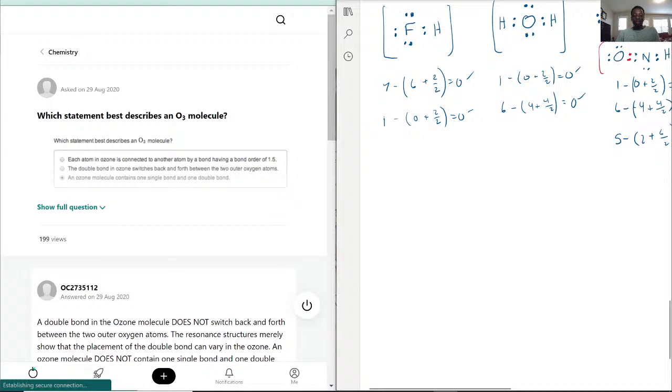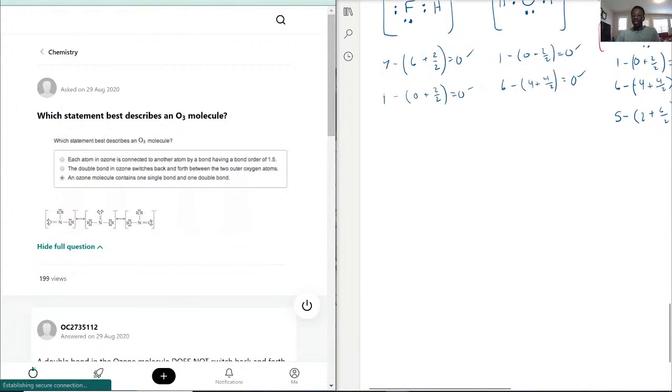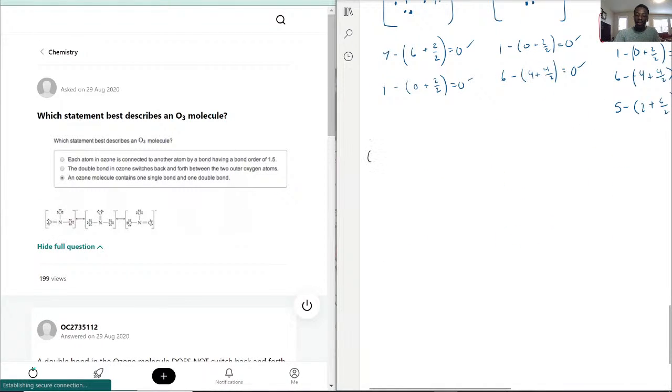So now let's move on to the next question. Which statement best describes O3? That would be your oxygen, and they're wondering which statement best describes it.